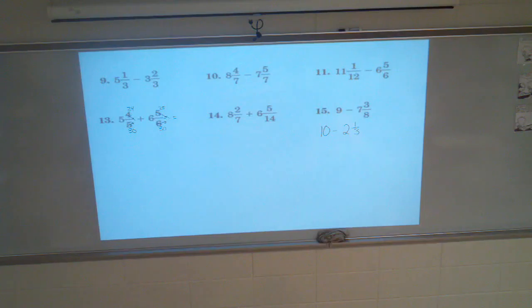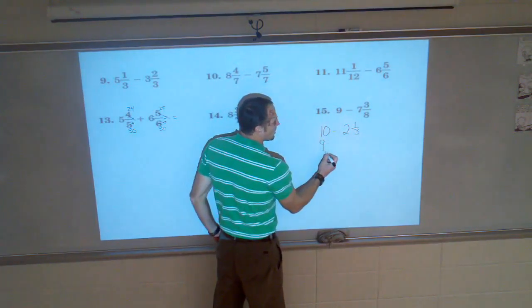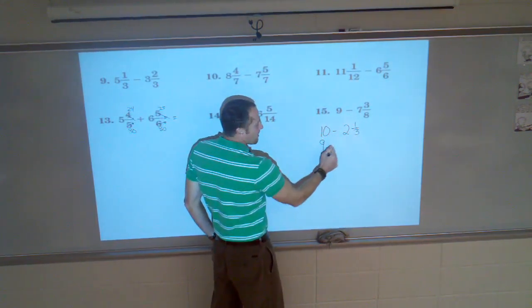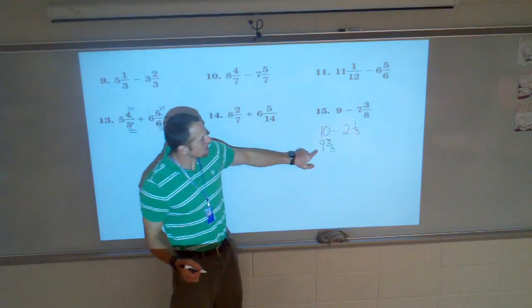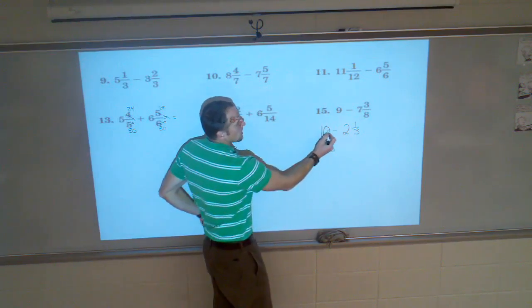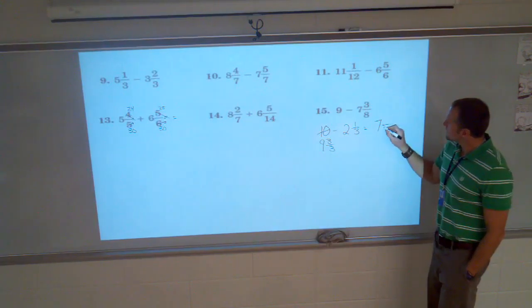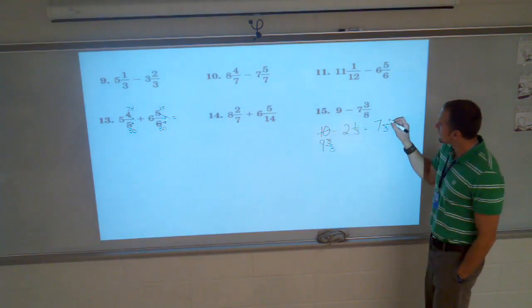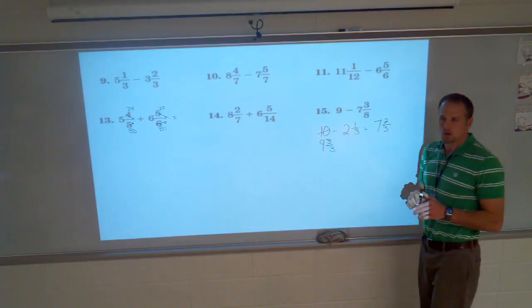Okay, the whole key to making this easy is rewriting 10 as 9 and 3/3. All right? So I'm going to make this one smaller. Use this denominator. 10 is the same as 9 3/3. So, 9 minus 2 is 7. Bottom the same, just do the top. 3 minus 1 is 2. So we've got 7 2/3.